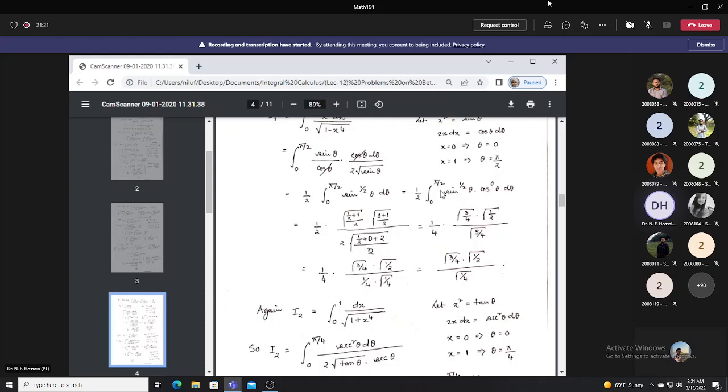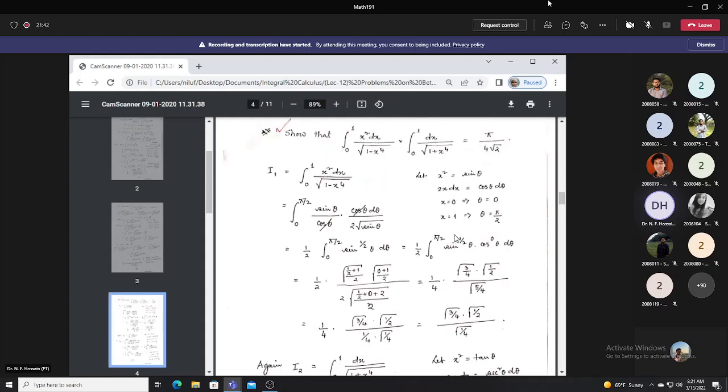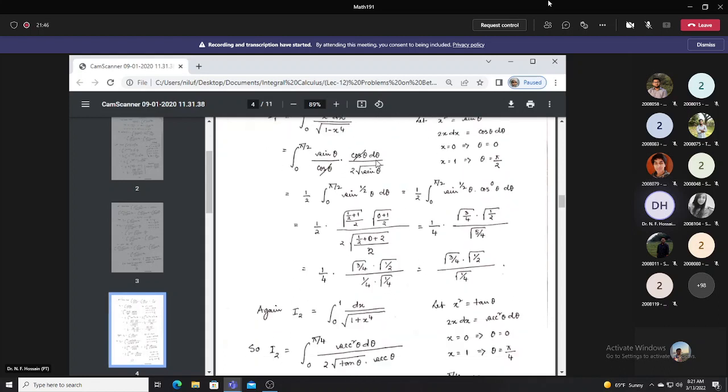So the integral 0 to pi by 2, half should be there, and your m is half and n is 0. So gamma half plus 1 by 2 into gamma 0 plus 1 by 2 divided by 2 into gamma half plus 0 plus 2 divided by 2. Now you simplify this. Okay, it is not the final result, actually it is the value of the first integral. Now we go to the second integral.